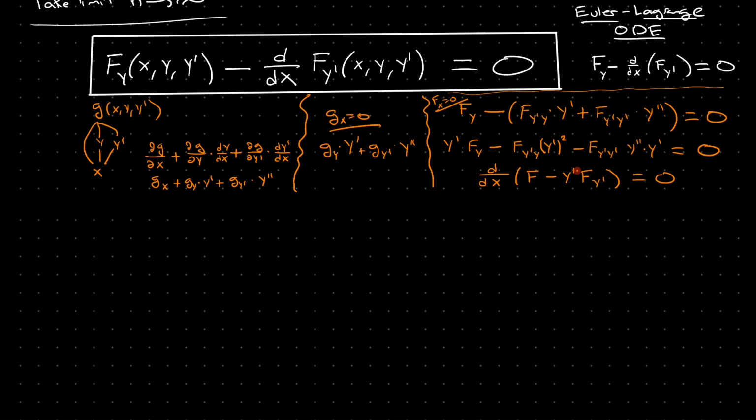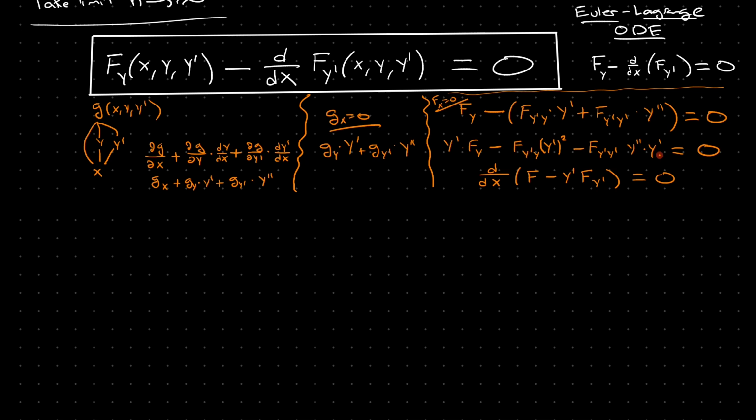And when you take this derivative right here, you have to use the product rule and the assumption that f does not depend on x explicitly. But when you go through and do that, you get middle terms that cancel one another and directly reduce to this expression right here.